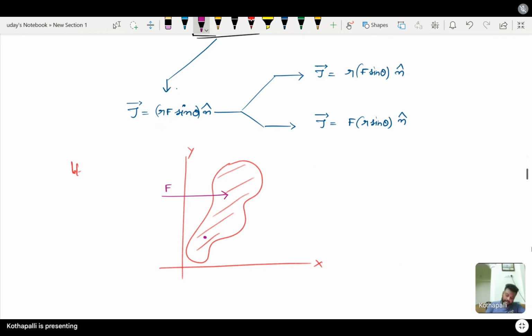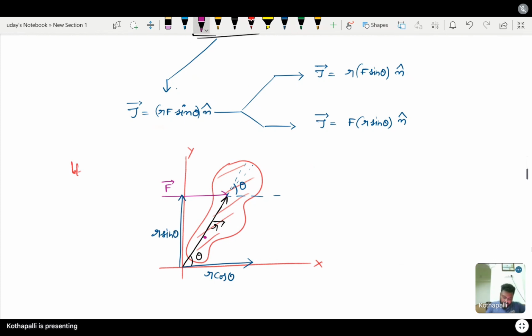The point of application of force makes a position vector R at an angle theta with the x-axis. Now if we take the components of R, this will be R cos theta, and this will be R sin theta.